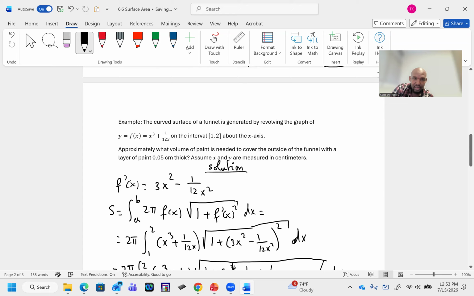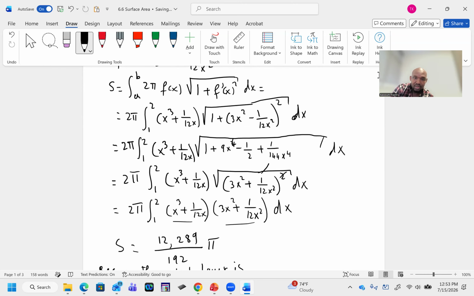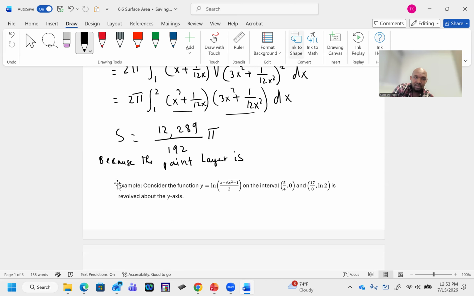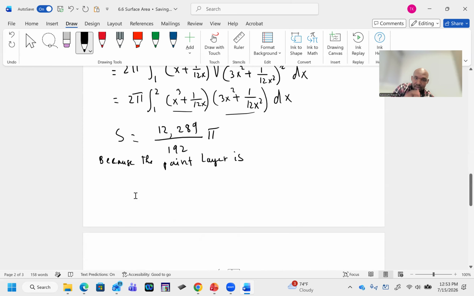They said the paint layer is 0.05 centimeter. So the paint layer is 0.05 centimeter thick.